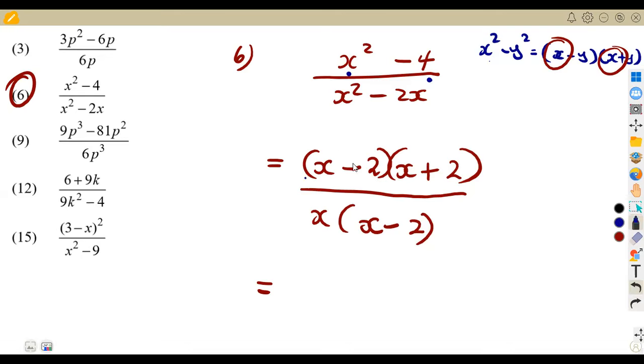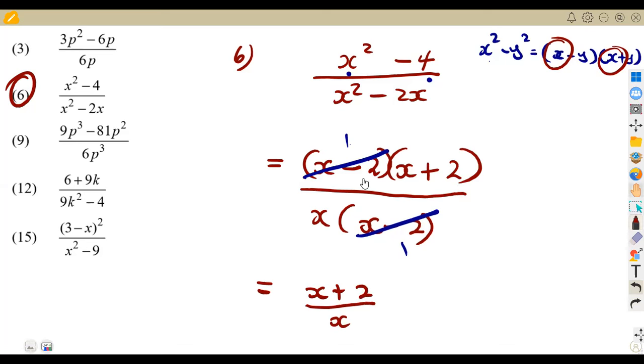Just like here, x minus 2, x minus 2, they are the same. So this cancels, we get a 1. So 1 times x plus 2 in the numerator, we get x plus 2. 1 times x in the denominator, we get x. So this is going to be all over x, like that. We are done. Do not force to cancel terms that do not cancel.